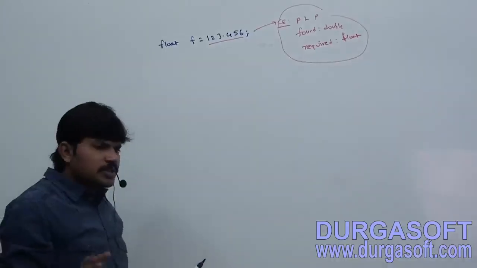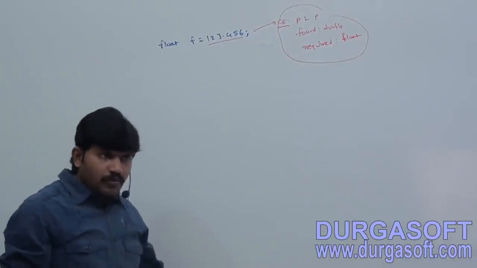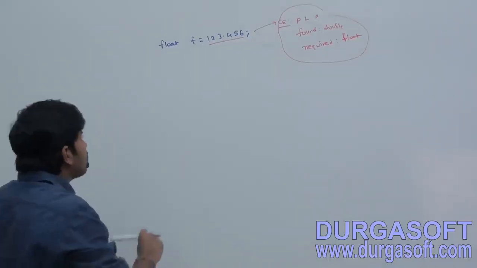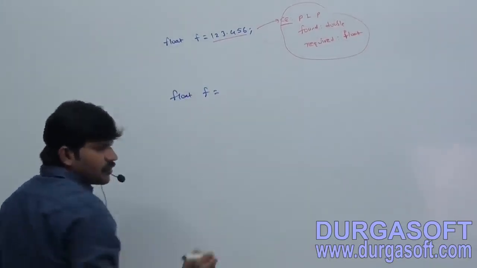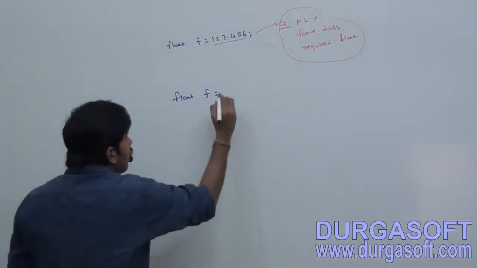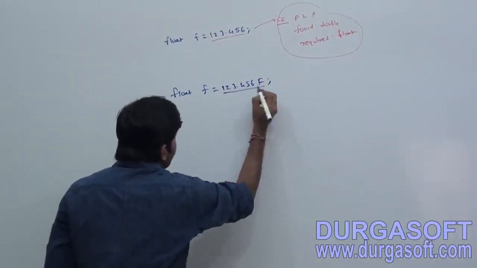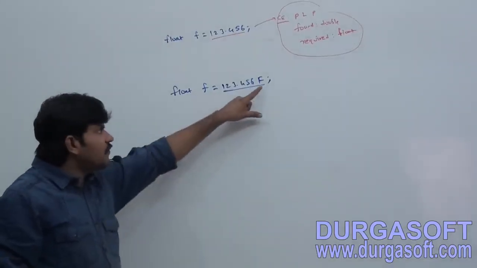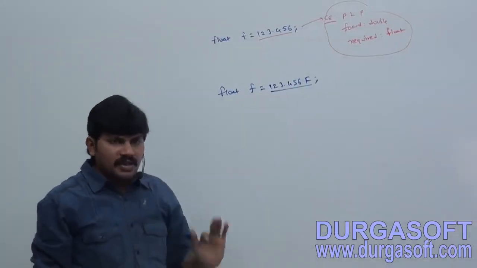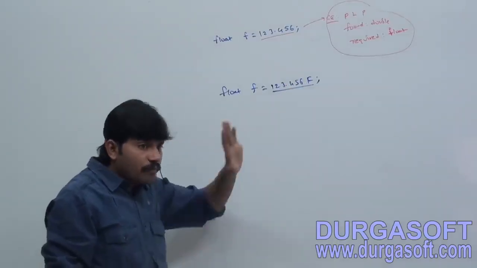Then how can we specify it explicitly as float type? Sir, float f is equal to 123.456 with a small f or capital F. If a number is suffixed with small f or capital F, this number is treated as float type.